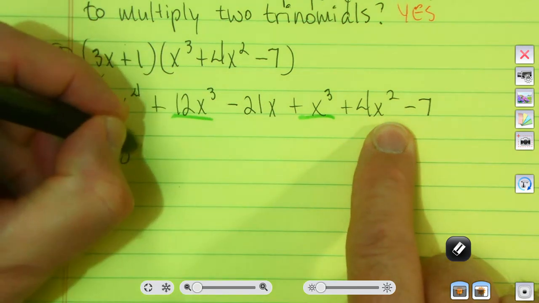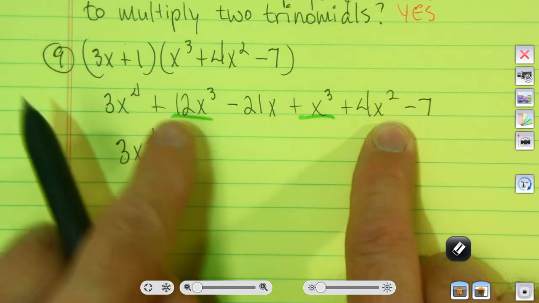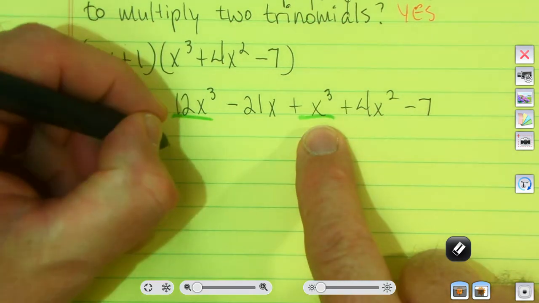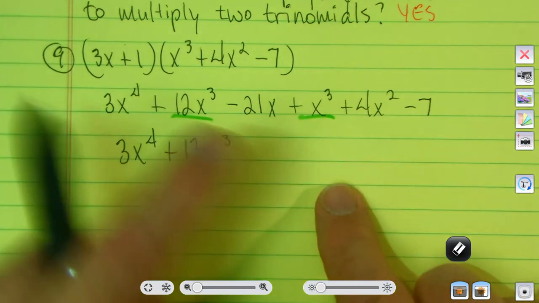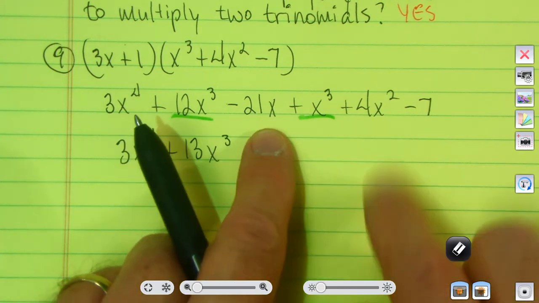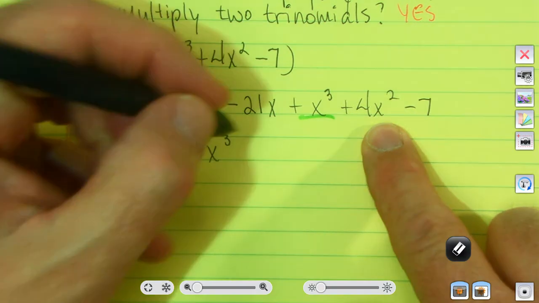So I'm going to put 3x to the fourth power first. And then I've got 12x to the third plus 1x to the third. That's going to be plus 13x to the third. Now, in my multiplication, I had negative 21x, but I want to put 4x squared next because that's the next highest degree.